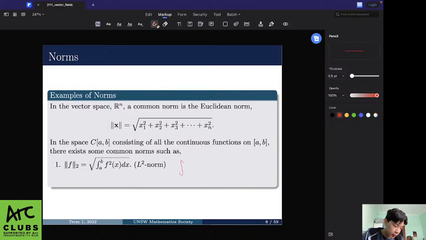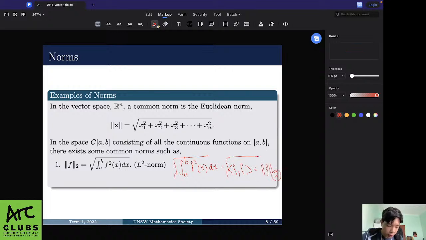So since the integral from A to B, f squared x dx is equal to the inner product of f with itself, if we take the square root, then we can define it to be a norm of f.